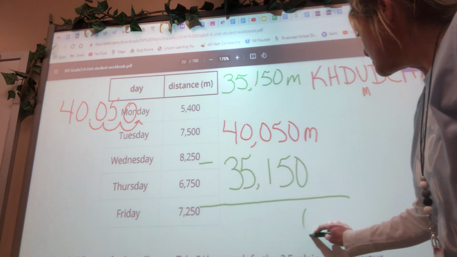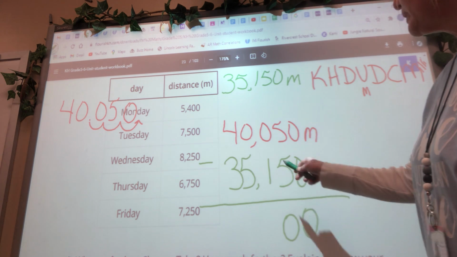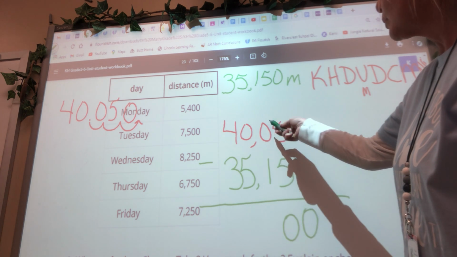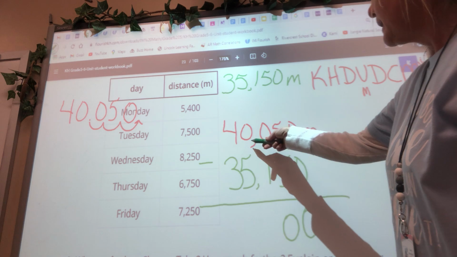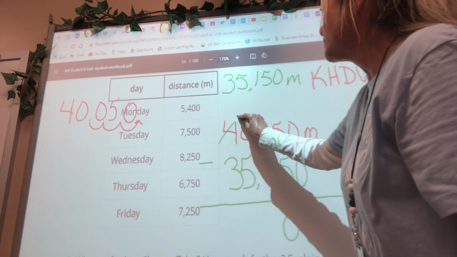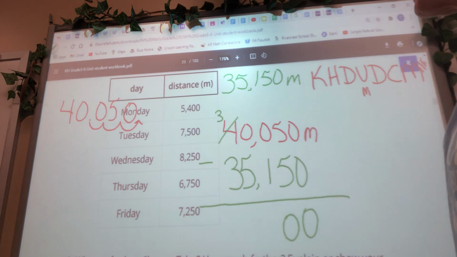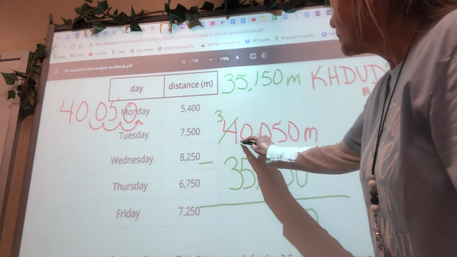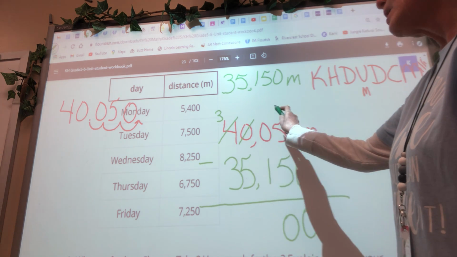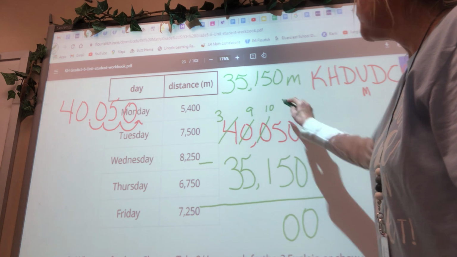Zero minus 0 is 0. 5 minus 5 is 0. We can't take 1 from 0, so we'll have to borrow. We're going to borrow 1 multiple of 10 from him, and that will become a 3. We borrowed one multiple of 10, but he doesn't get to keep it all, so he'll be a 9, and then he'll be a 10.